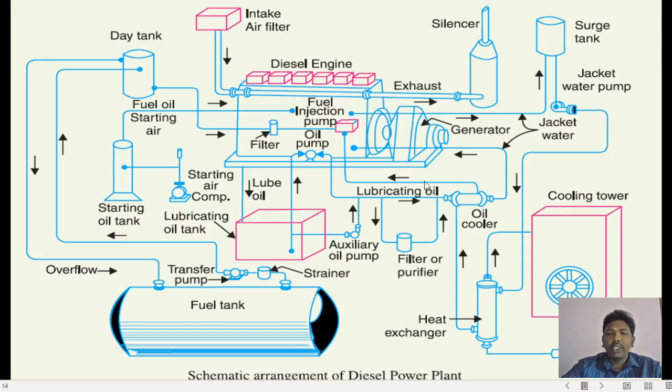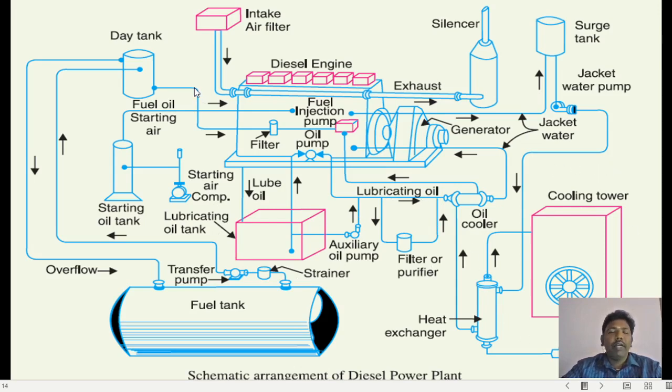You have a generator, which converts mechanical into electrical energy. You have a diesel engine which acts as a prime mover for the alternator. Inside the diesel engine, you have to provide both diesel as well as air. This is your air intake system, this is your fuel storage system from where fuel is taken into your diesel engine, and there is the lubricating oil system here, and this is your cooling system.